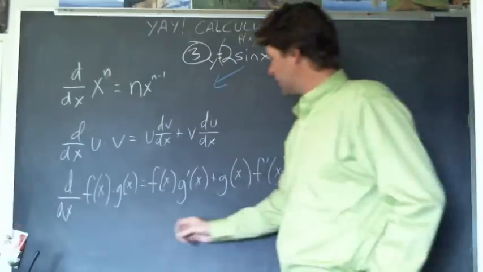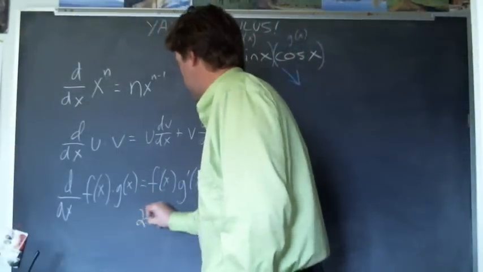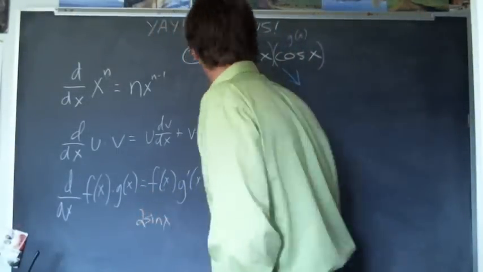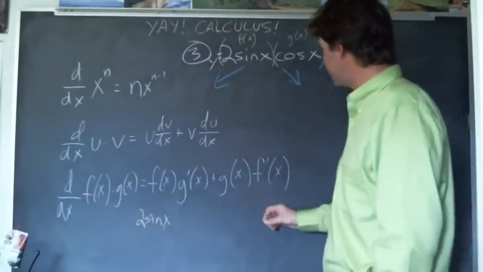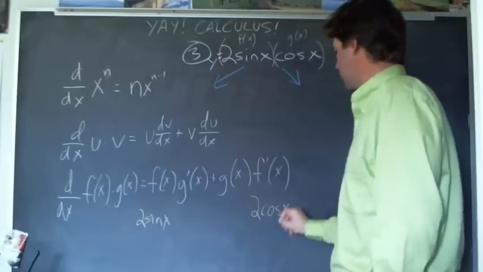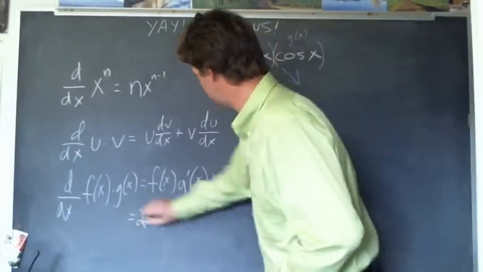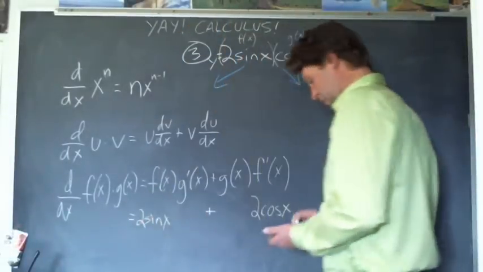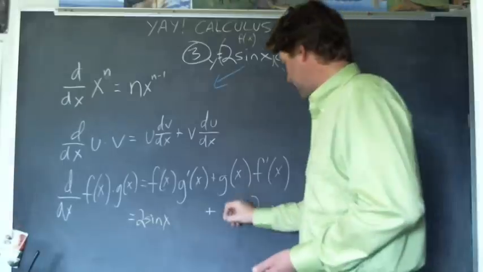So f of x goes here, and f prime of x, the derivative of sine, is cosine. There's cosine, g of x goes here.